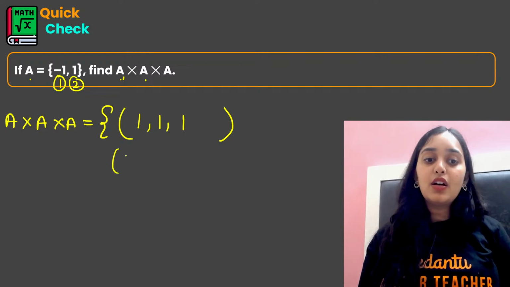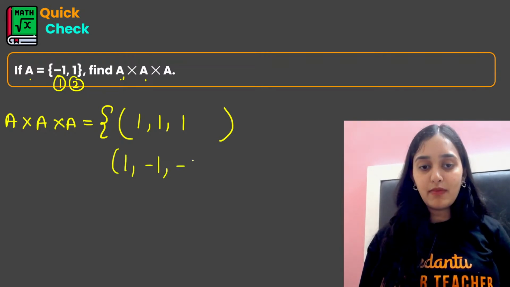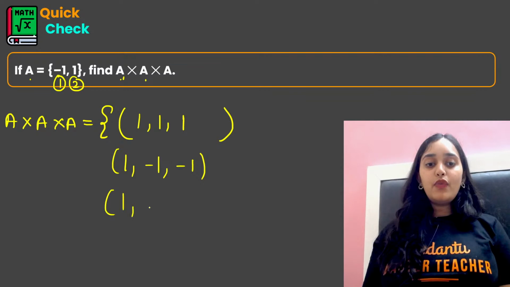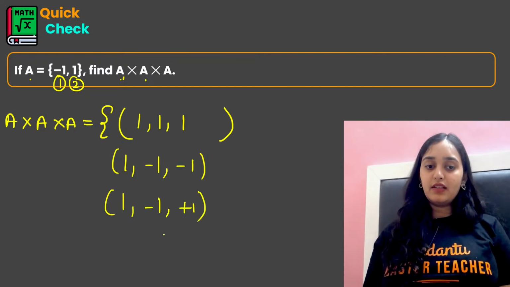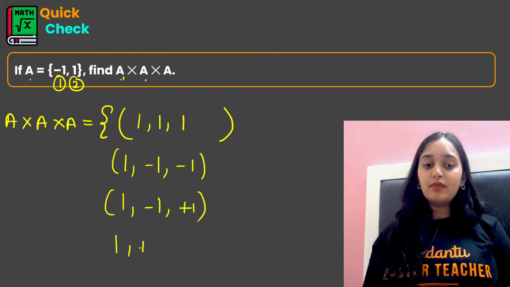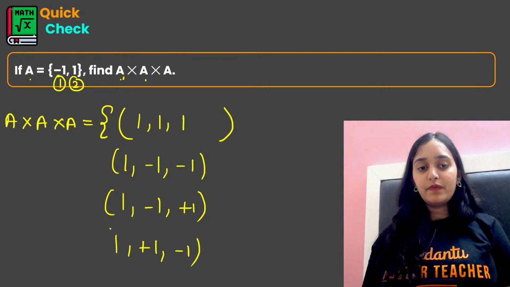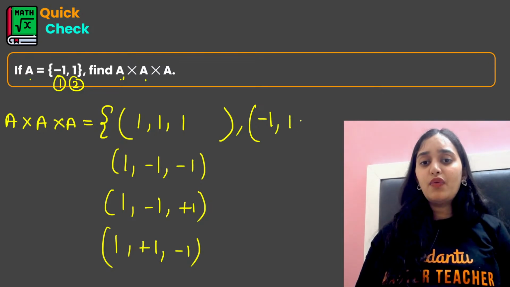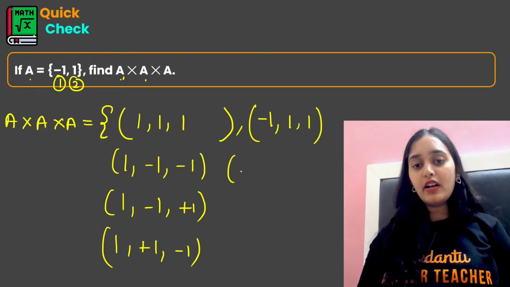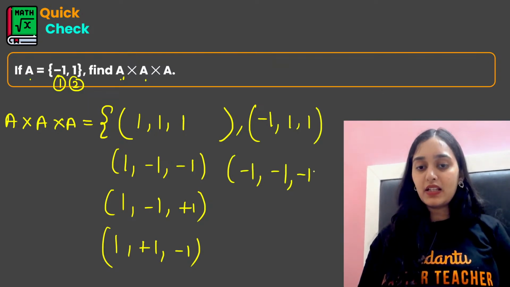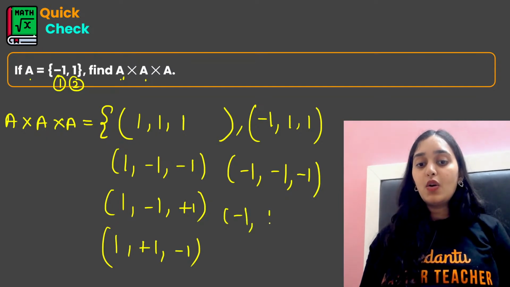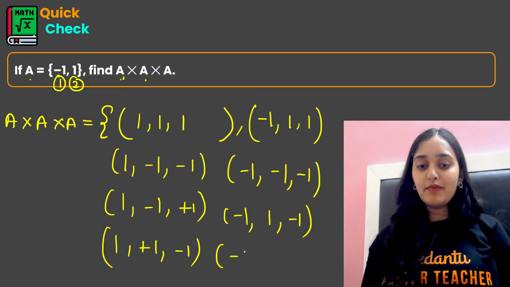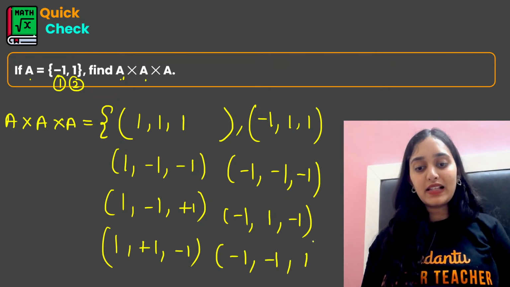Or it will be 1, minus 1, minus 1, or 1, minus 1, plus 1, or it will be 1, plus 1, minus 1. Similarly, this can be minus 1, 1, 1, or minus 1, minus 1, minus 1, or minus 1, 1, minus 1, and minus 1, minus 1, plus 1.